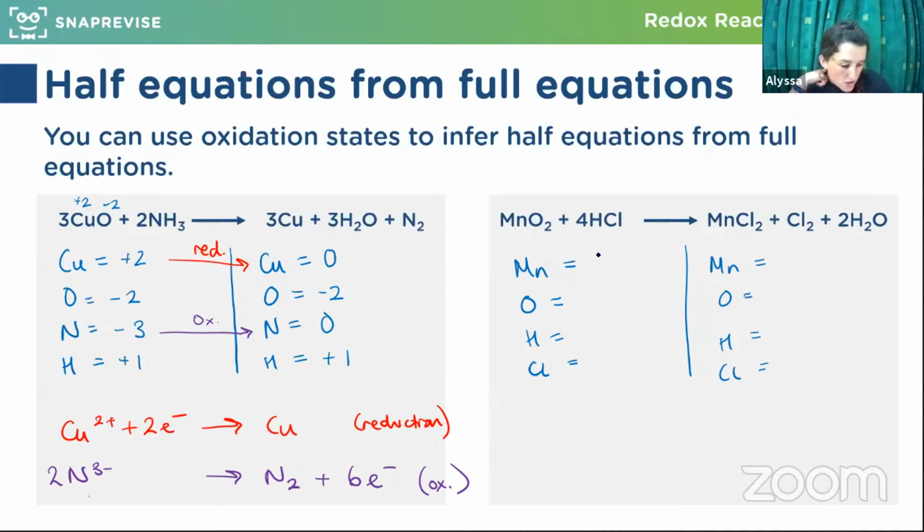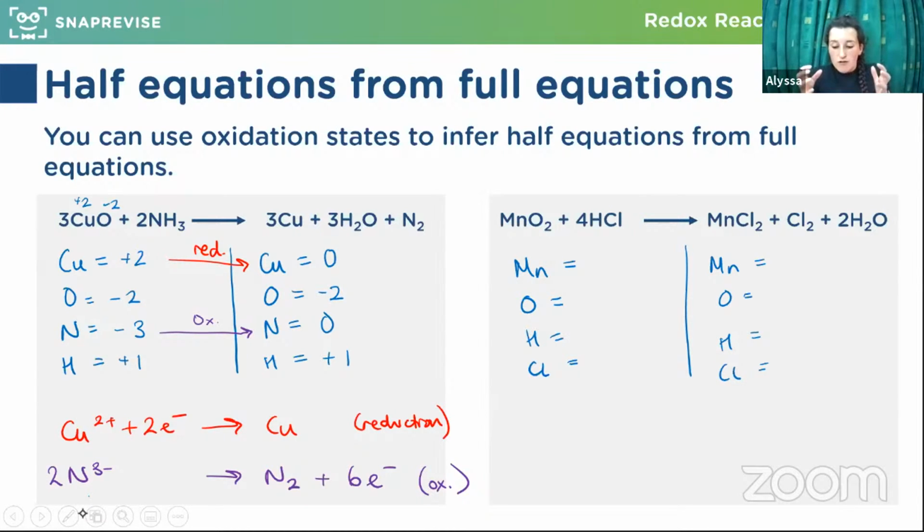Does it matter which side you write the electrons on? Good question, Zara. Yes, it does. If it's reduction, they have to be gained. So something has to be gaining them to produce something else. If it's reduction, the copper has gained 2 electrons to become a copper atom. In our oxidation, our nitrogen has lost 3 electrons.